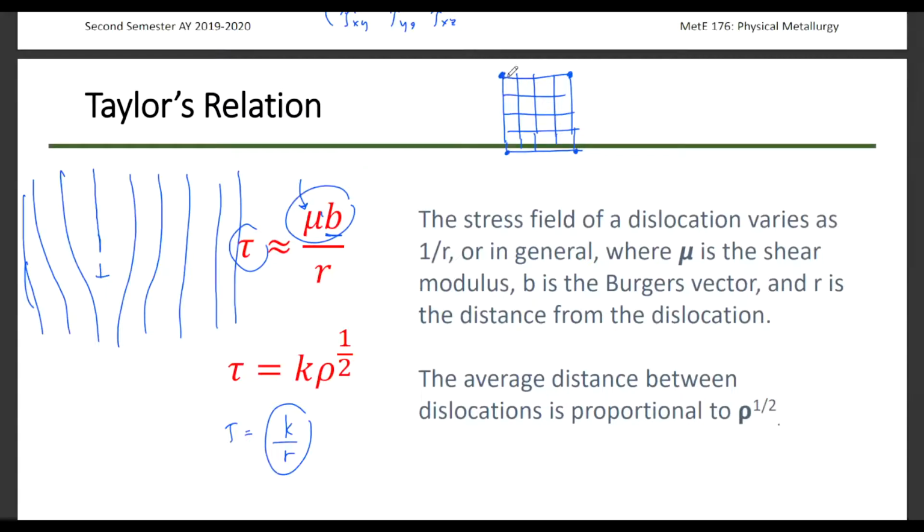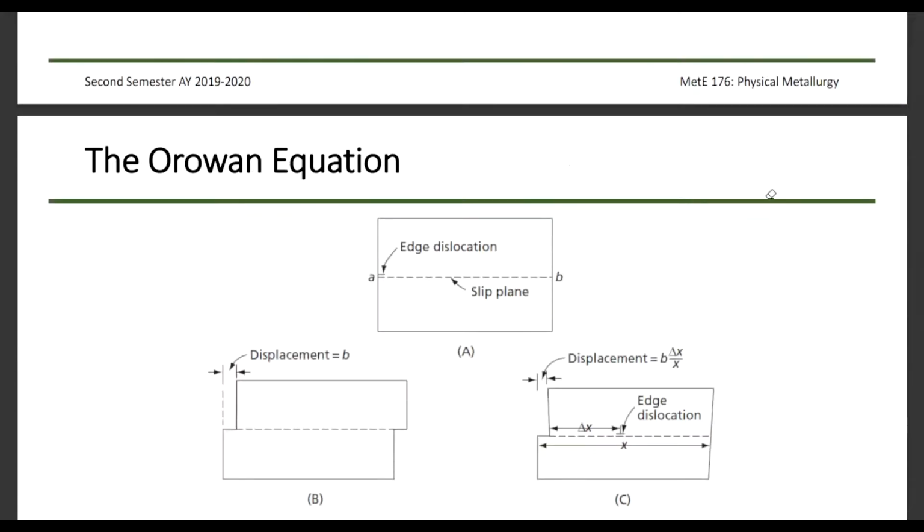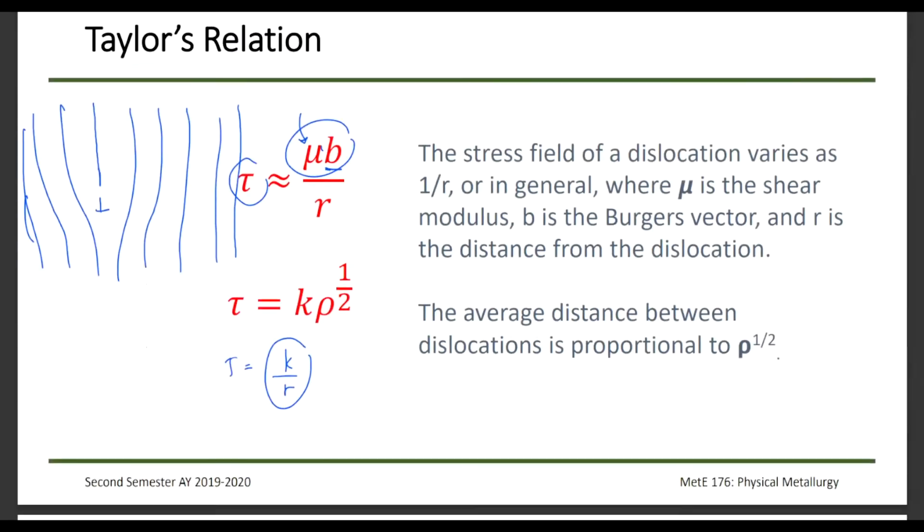Or sige, mas maganda kung ilalagay ko siya sa ano, no. Ulitin ko. So, kunwari meron tayong ano, no. Let's make it smaller, no. 3 by 3 na lang. Kunwari ganyan.